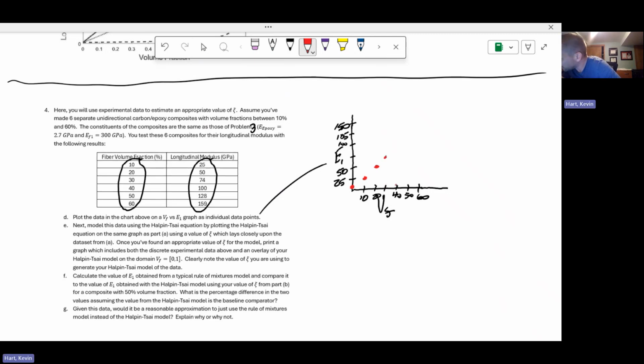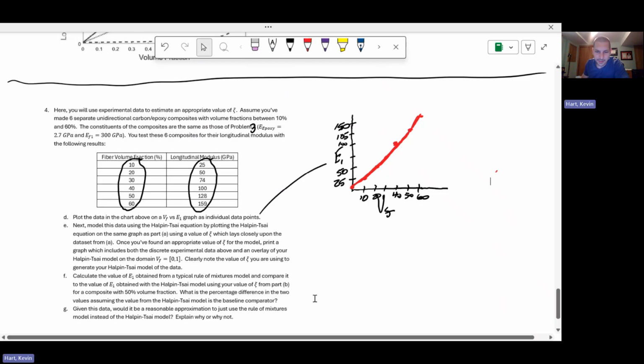At 40%, it's 100. At 50%, it's 128. And at 60%, it's 159. So it looks like it's got a slight upward curve, something like this, as good a match as any. So that's that.